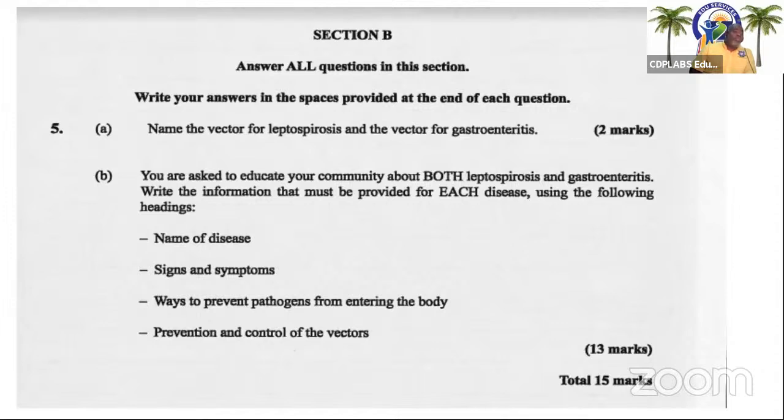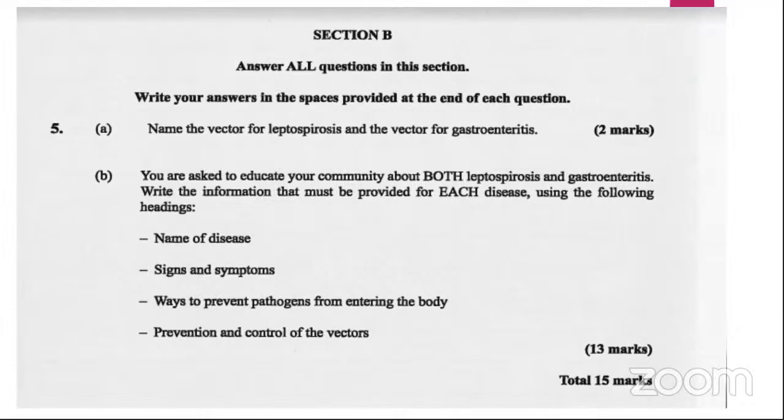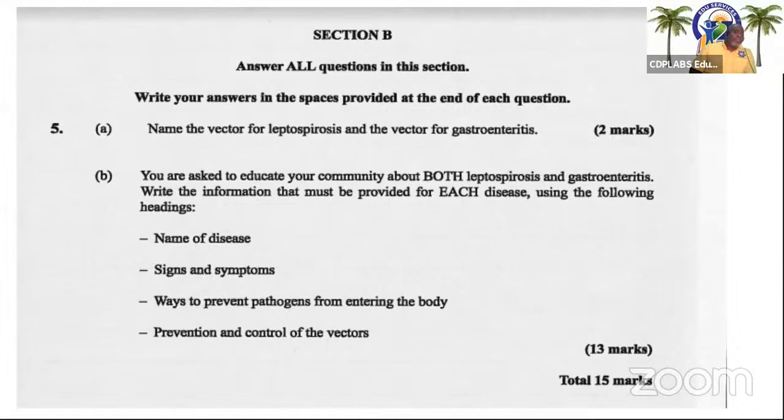Even when you have heavy rainfall, the water where you drink becomes contaminated, and the water could also be a vector.